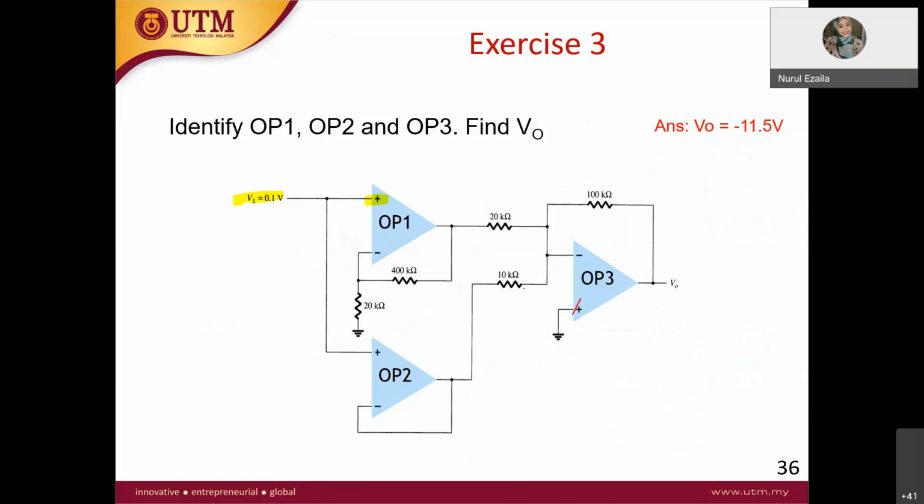Non-inverting. Yes, non-inverting. And then op-amp2, we name it first. Unity follower, yes.